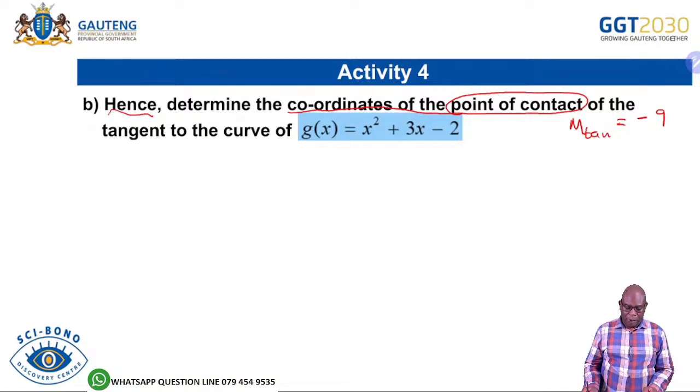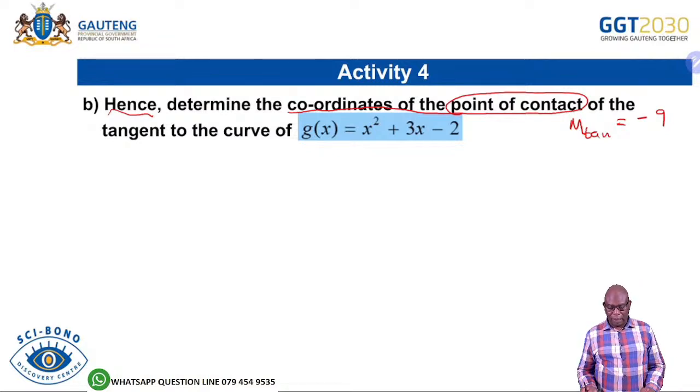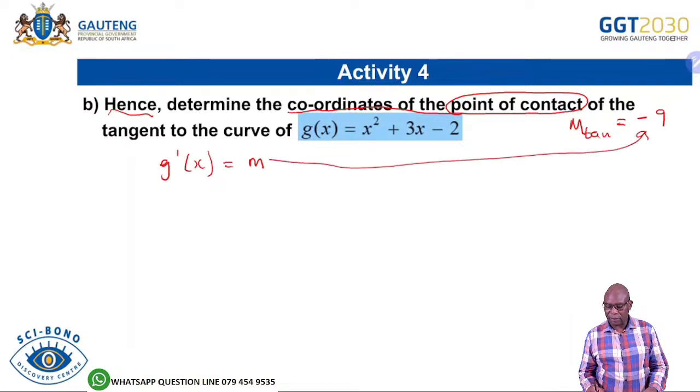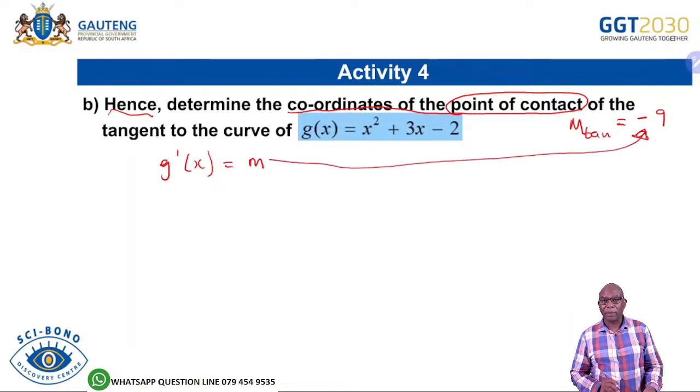So now we are given the curve of G. What do we know about the gradient? How do we get the gradient? We get it by deriving. So if I derive G at x, I'm going to get the gradient. Oh, I calculated it, not given, sorry.